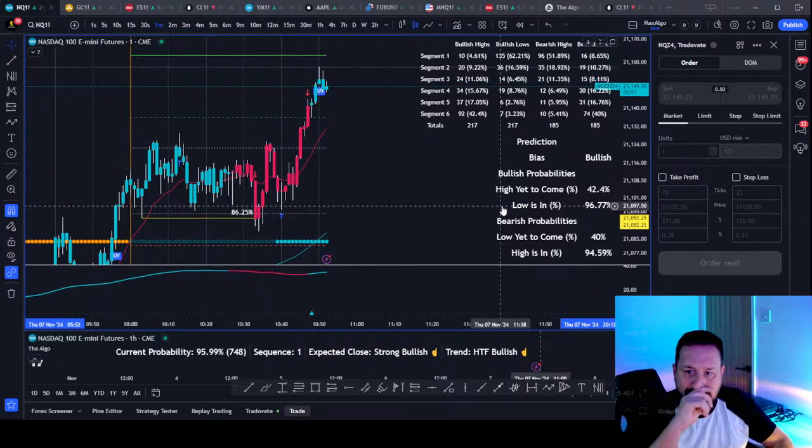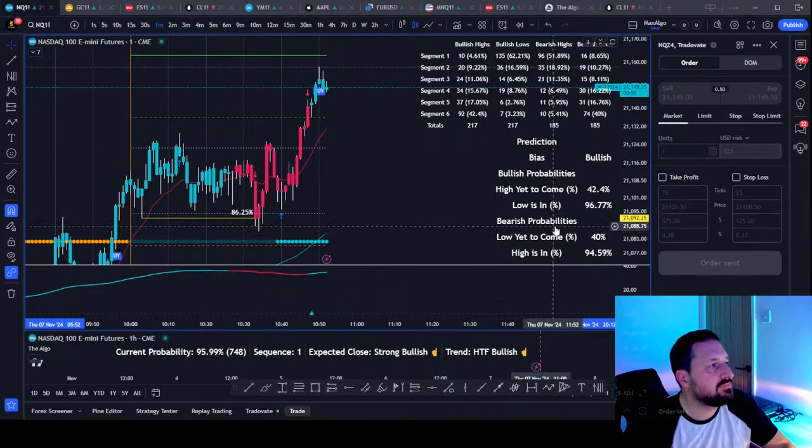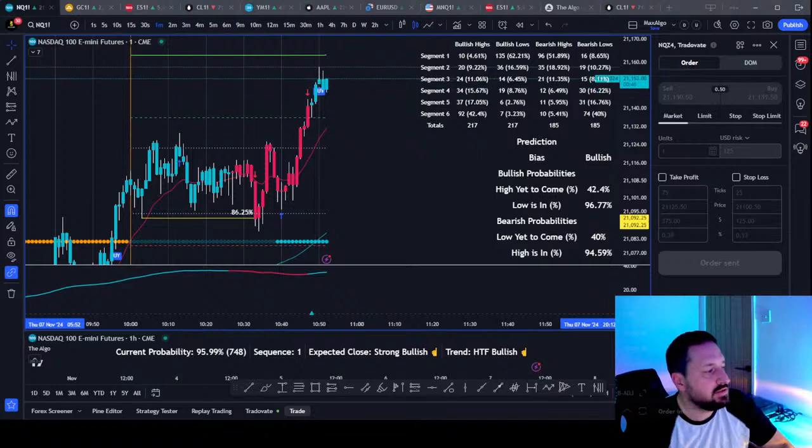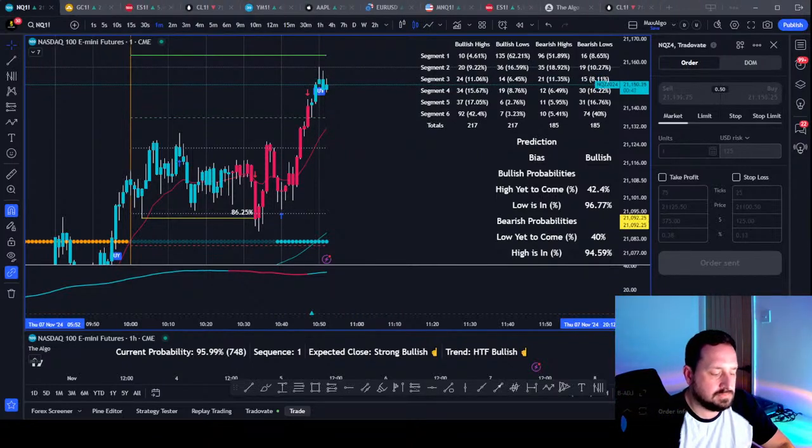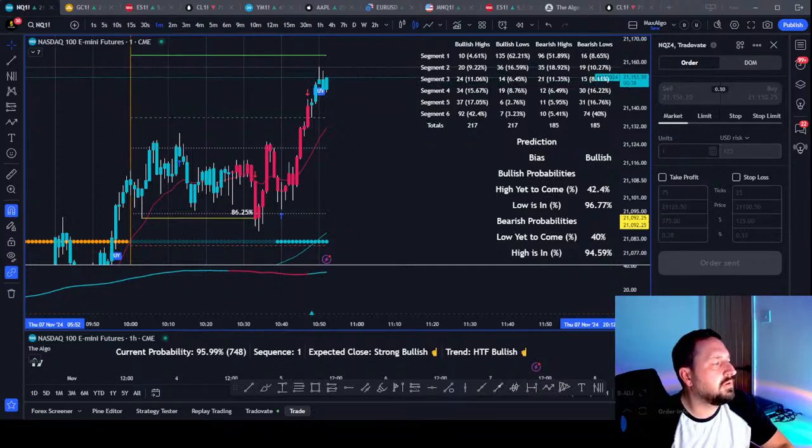Never liked the look of them. A rug pull. Does it look like it's a rug pull?